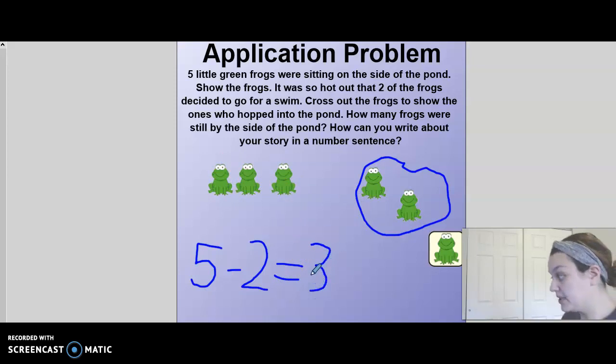Very good. So you can see we took our whole minus one of the parts, which was how many went into the pond, and that equals how many are left on land. So 5 minus 2 equals 3, and we have a beautiful picture here to match it. Okay, let's go to our next one.